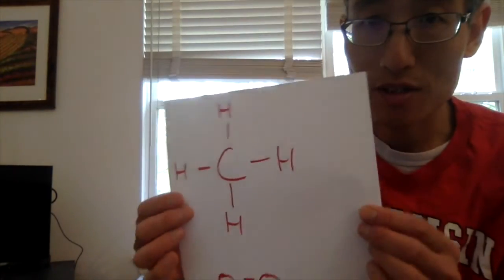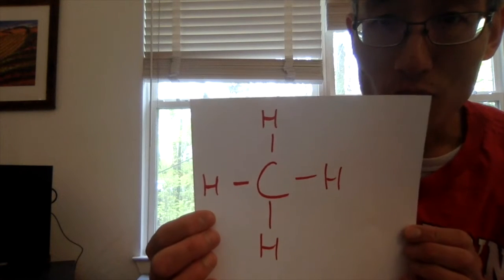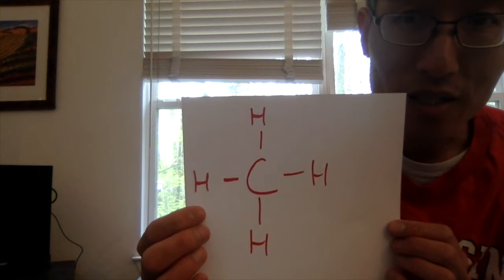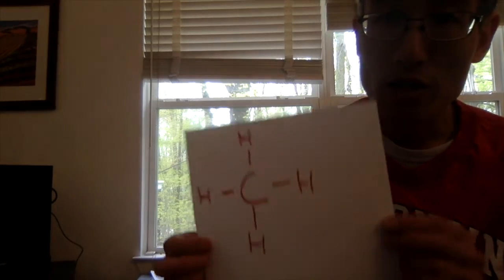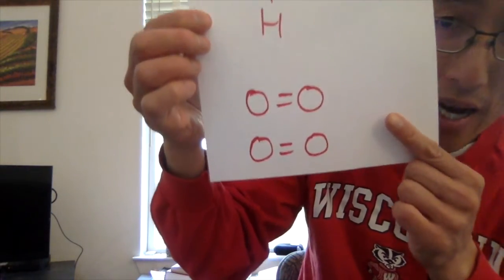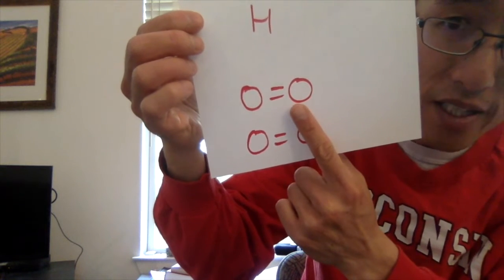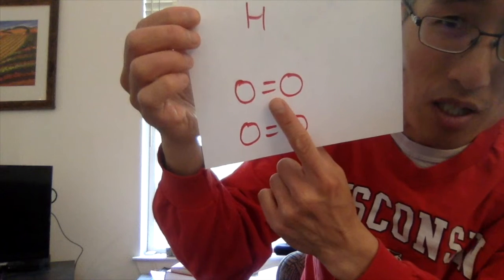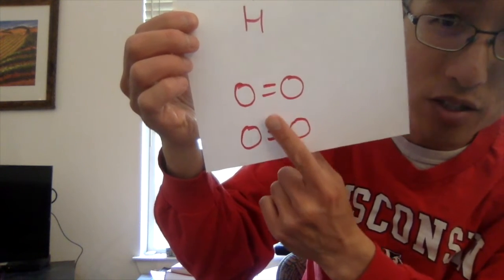So CH4 is this one right here. That looks like this. CH4 is methane. We're just going to draw it with a C in the middle and 4 lines sticking out of it. That's going to be our first molecule. Our second molecule is going to be the 2 oxygens. And it turns out that oxygen actually has a double bond, so it's got 4 electrons shared between the 2 oxygens.